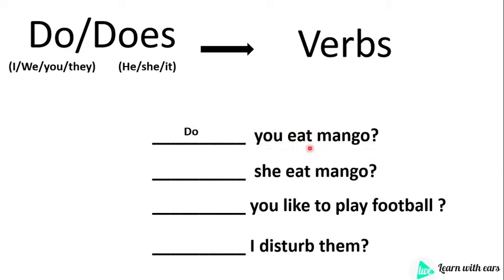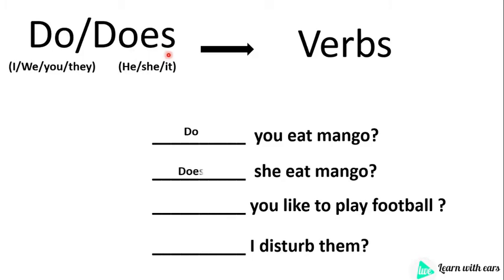And there is a verb in the sentence, okay? When we have a verb, we use do to ask a question with a plural subject. Now next, she eat mango. Here she is a singular subject and with a singular subject we use does.